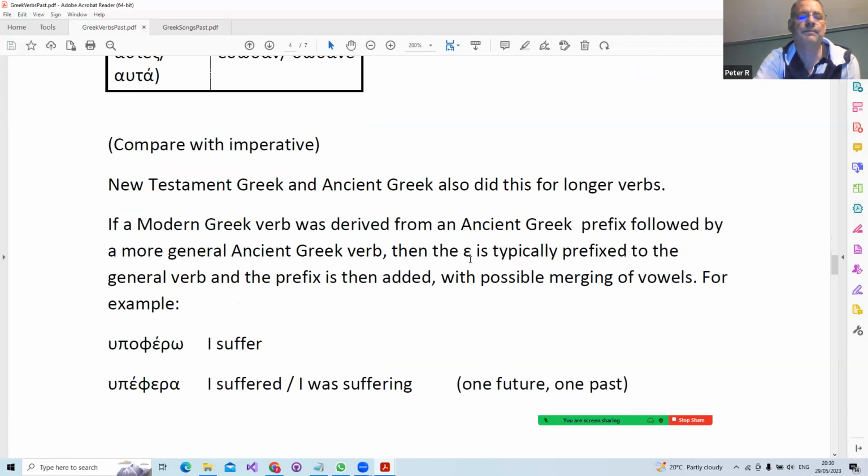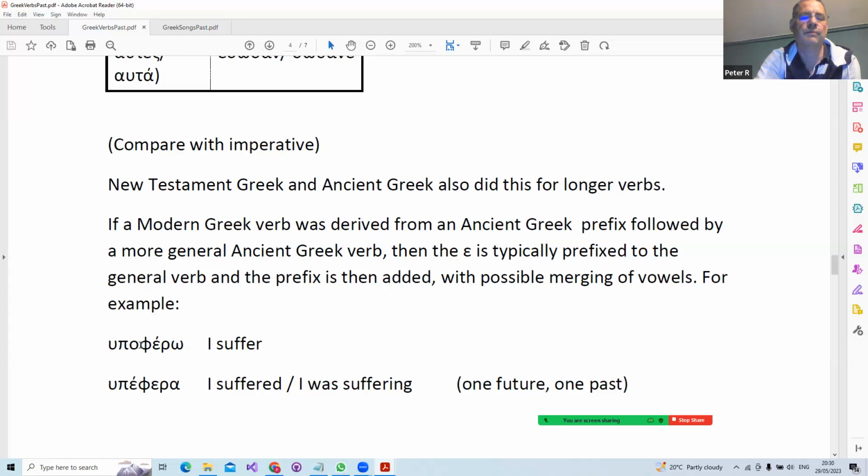Now, what that means is if you've got a verb like this, ipofero, this is an old style prefix for underneath. When I say old style, I mean like in ancient Greek. So this is under, and this is something like bringing, and together it has the meaning of I suffer.